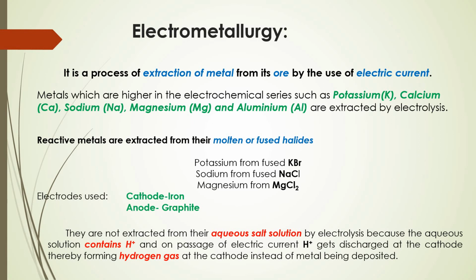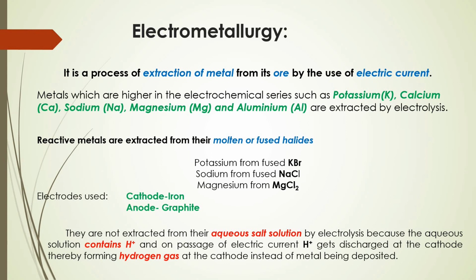Now if we compare at the electrochemical series, hydrogen ion being lower in the electrochemical series will be the most preferred cation that will be discharged at the cathode. Therefore what happens is, instead of metal cation moving towards cathode and being discharged over there, hydrogen ion will be discharged at the cathode and hydrogen gas will be formed, as a result of which the main purpose of getting pure metal will not be fulfilled.